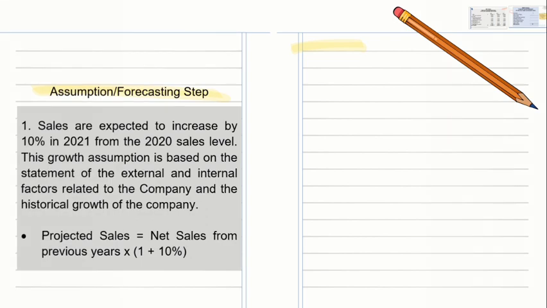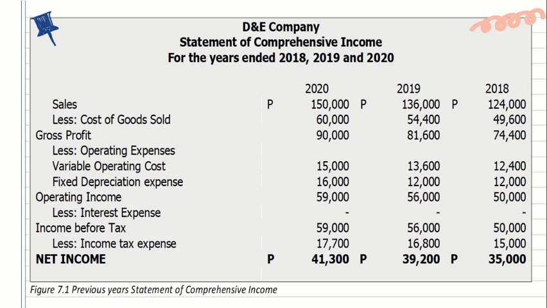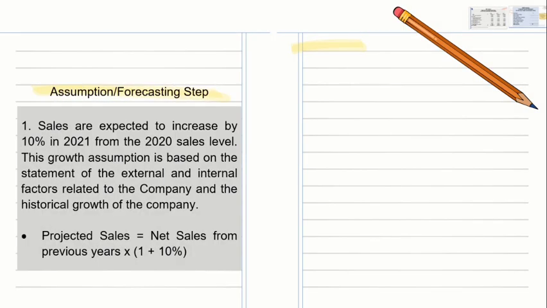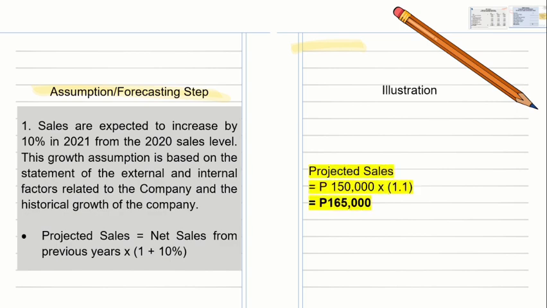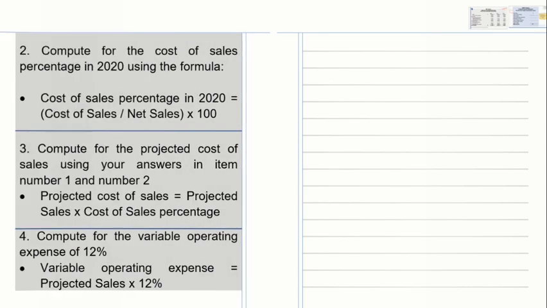So, unsa man atong sales from 2020? So, naatay 150,000 ni. Nya times 110%, so we have 165,000. So, ang atong sales will be 165,000, ang atong projected sales.